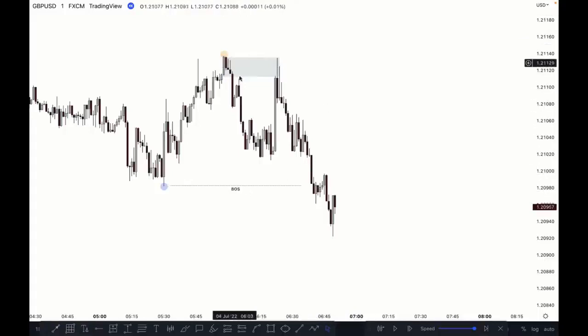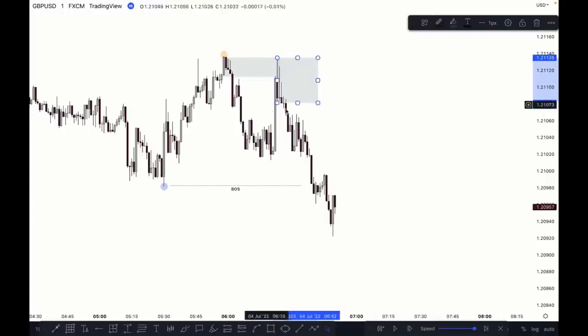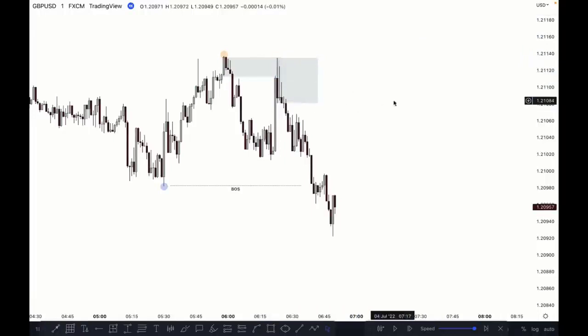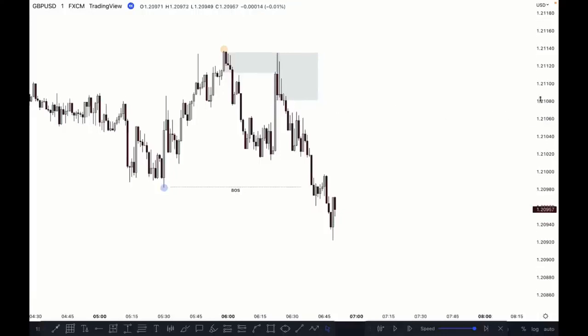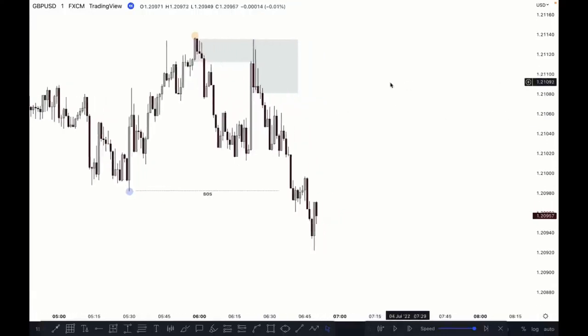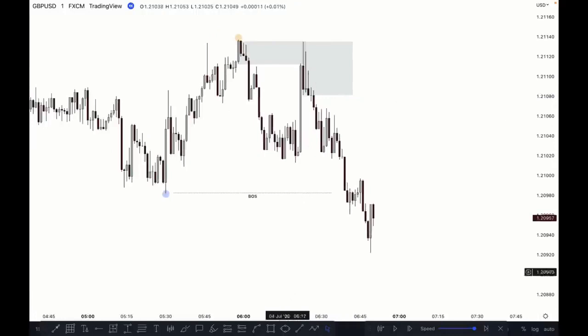After this, we look for any last buying candle before the sell. Actually, this candlestick was the last buying candle before the sell, but there is no imbalance. So how can we mark it exactly and refine it? You have to see the next candle. Is there any imbalance with this candle?